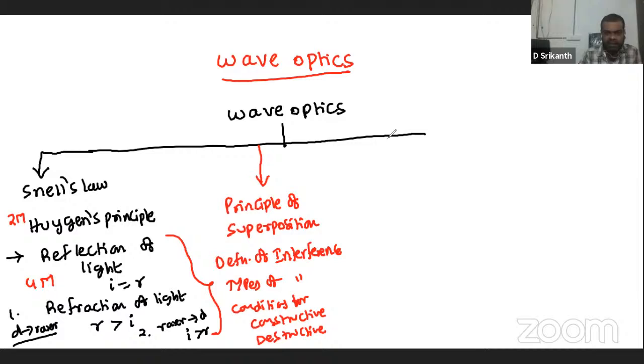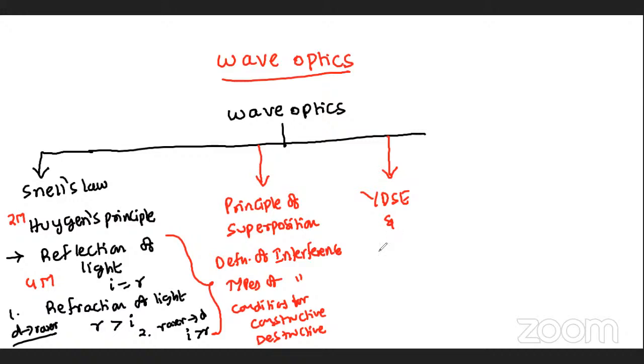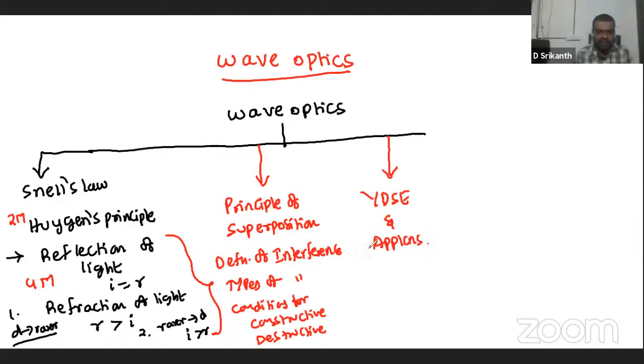Next we are having Young's double slit experiment and its applications, like in the Young's double slit experiment, suppose between the experiment we will have a thin film, and its applications.